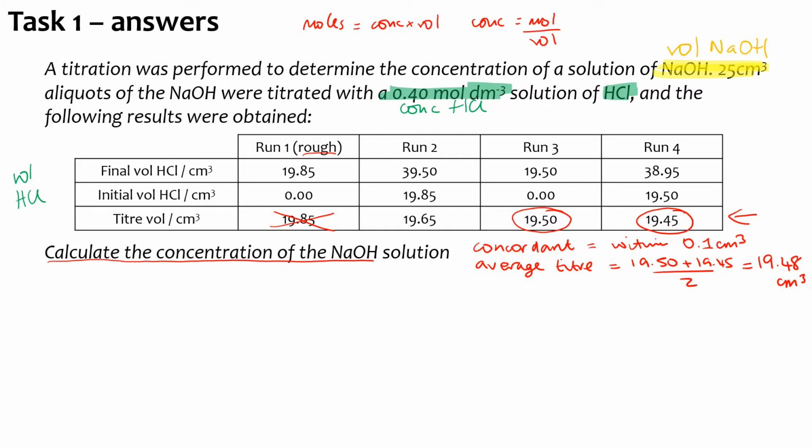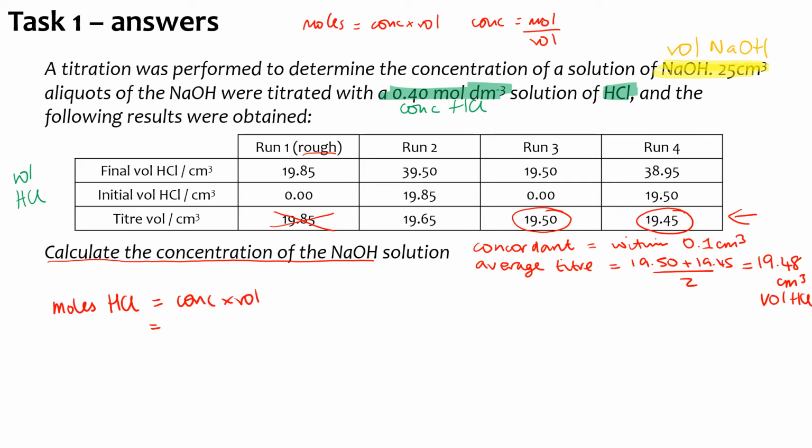Now, depending on the exam question, you might get 1 or 2 marks for that. More than likely in a year 2 paper, you'd get 1 mark for that, selecting the concordant titres and working out the average. So now that we've got the volume of HCl, which is what we've just worked out here, and the question gave us the concentration of HCl, we can therefore work out moles of HCl, and that will be the concentration times the volume.